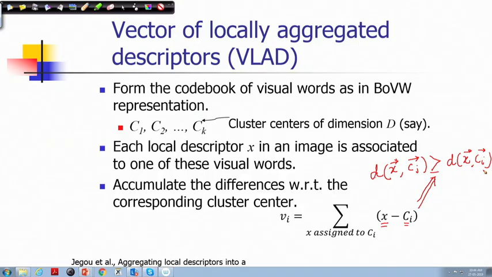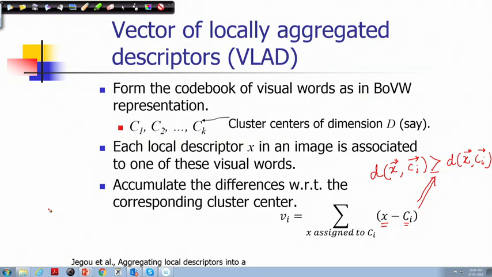So, at least all the distances should be either greater or equal to this distance. Then you assign x to that cluster center. If there are multiple centers which are of equal distances and which are also minimum, you have to choose one of them. Then what you are doing is simply aggregating the differences with respect to a cluster center Ci.